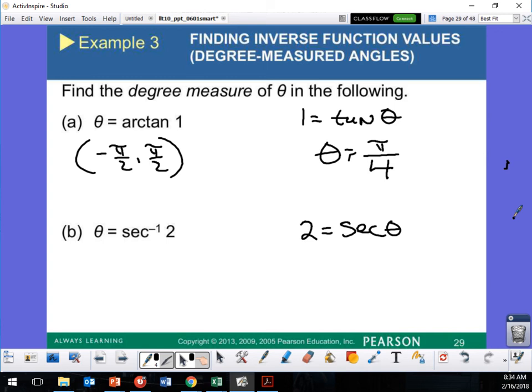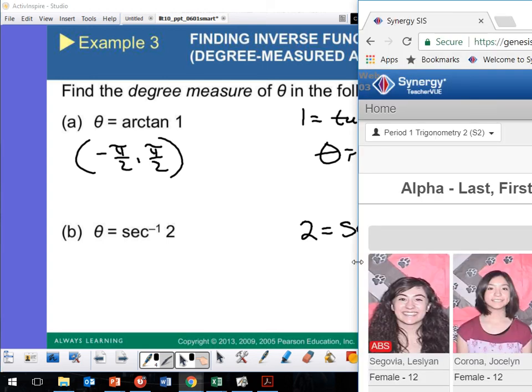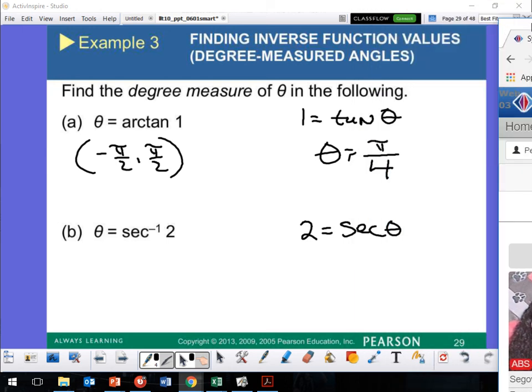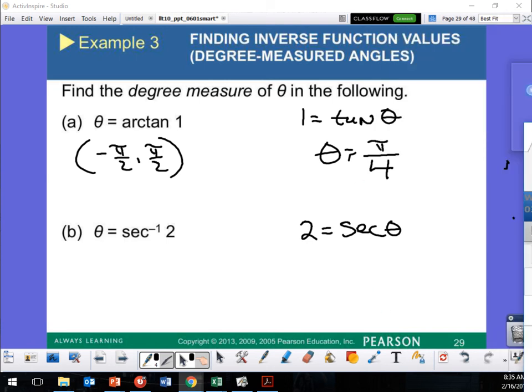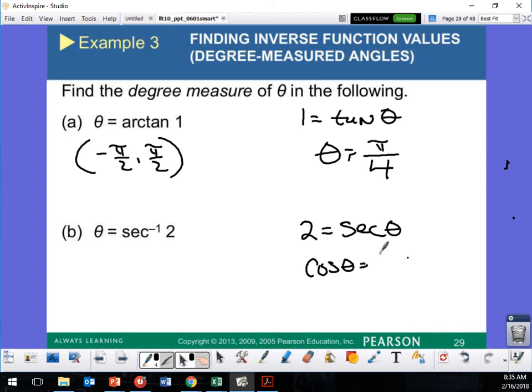So if secant is the reciprocal of cosine, it's basically asking where cosine theta is equal to 1/2.